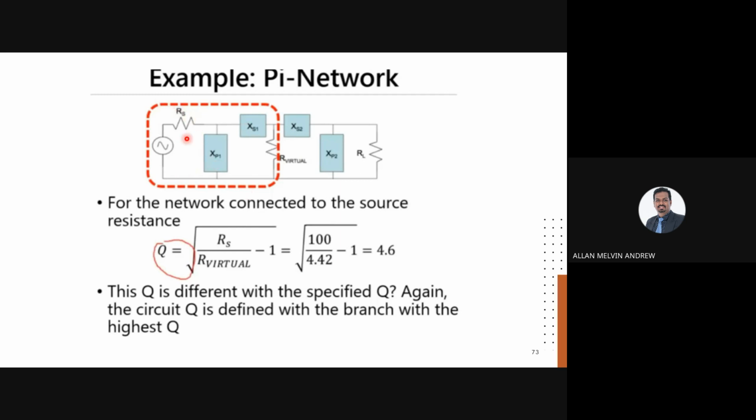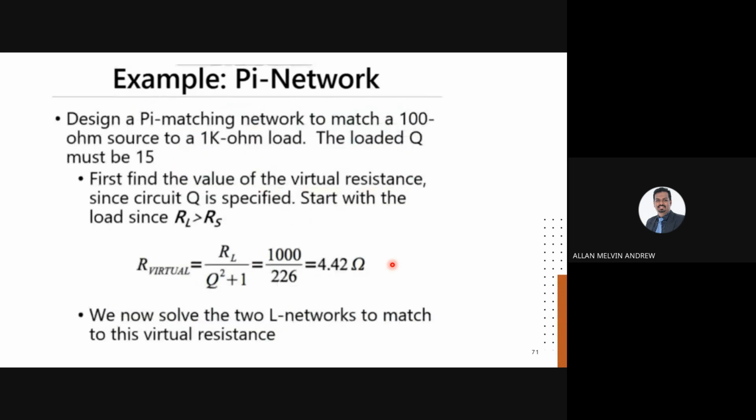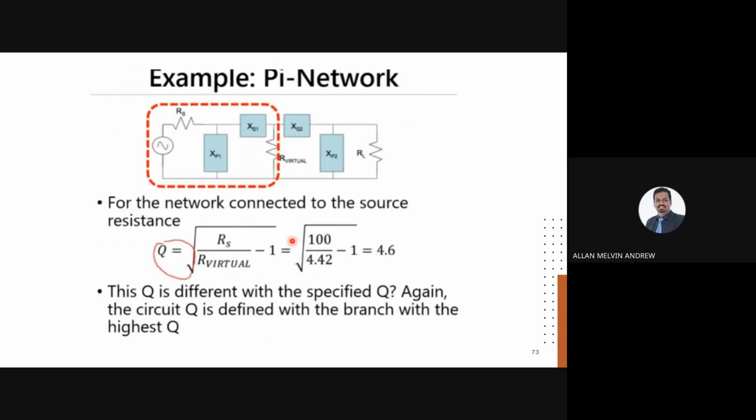Because it's connected to the source, so we get 4.6. Earlier it was 15, because that is the loaded Q. This is the source Q, which you determine based on the source resistance. So the Q is different from the specified Q.